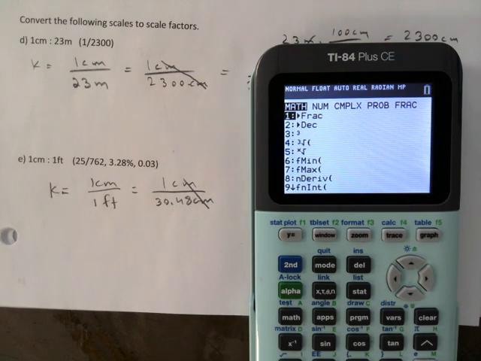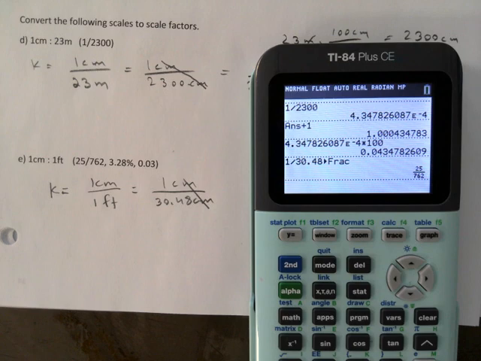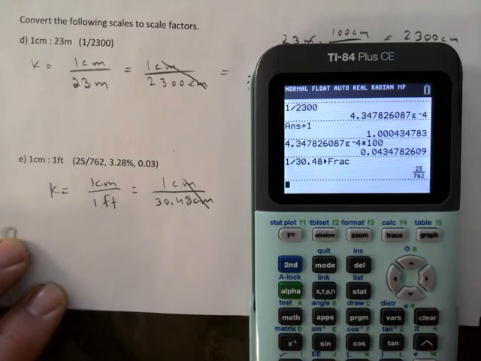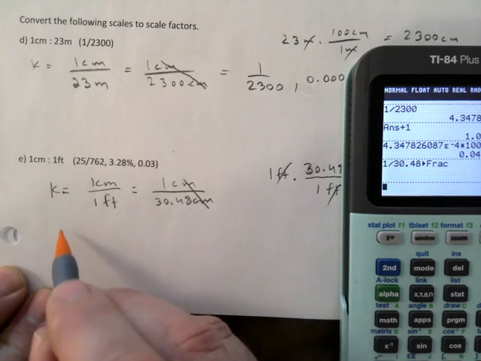So if you just hit enter, math enter basically, right? And then enter one more time to actually make it run through. There it is. It's a simplified fraction right there. You wish you had this one, right, for APR. So that's where I got that answer from, the 25,762 most likely.